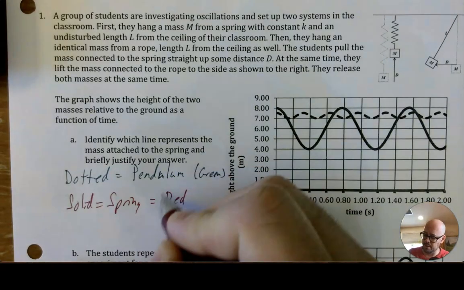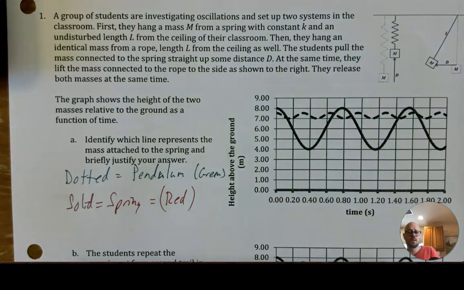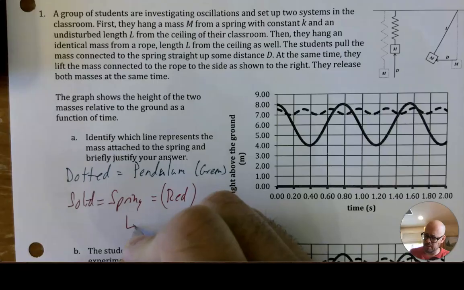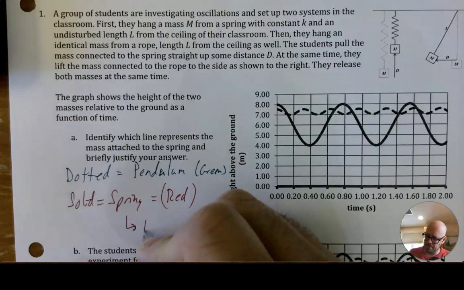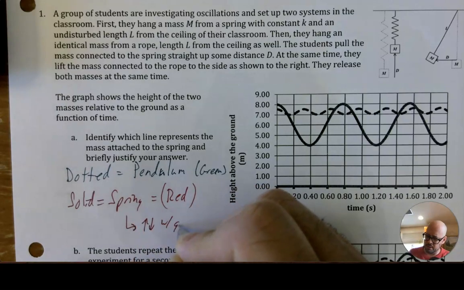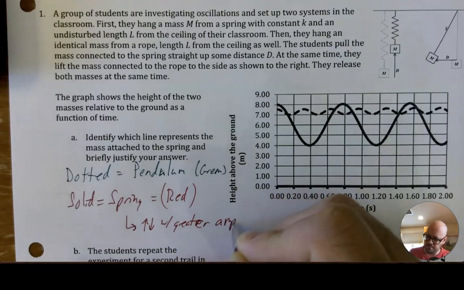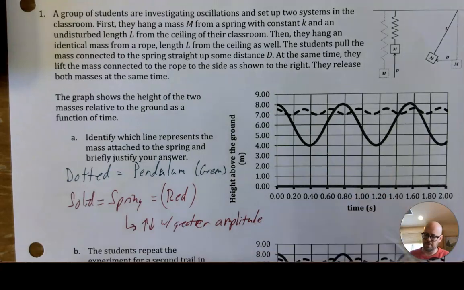These are the two colors that I had access to right now. So what's my rationale? The spring moves up and down with a greater amplitude, because when you pull the pendulum to the side, it does raise it up a little bit, but not as much as just lifting it vertically.